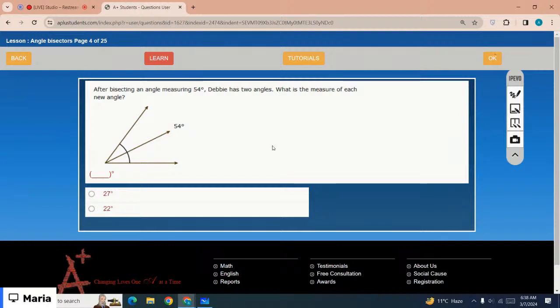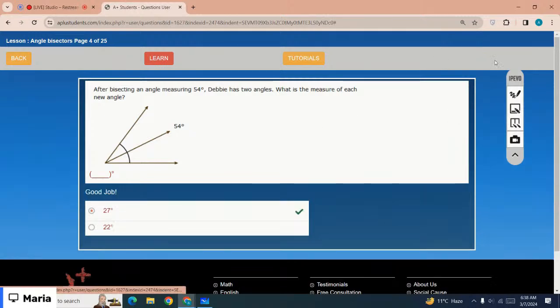Yes, the correct option is 27 degrees. Option number 1 is the correct option.